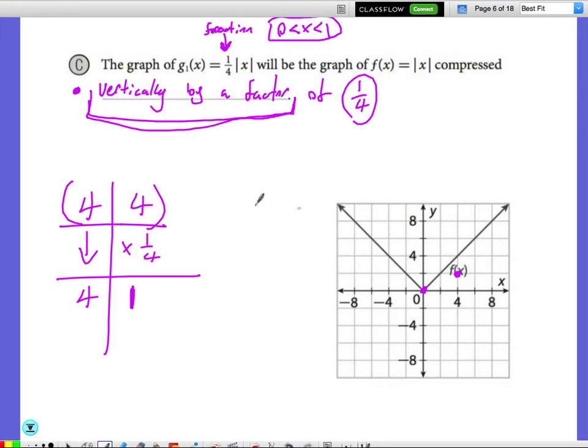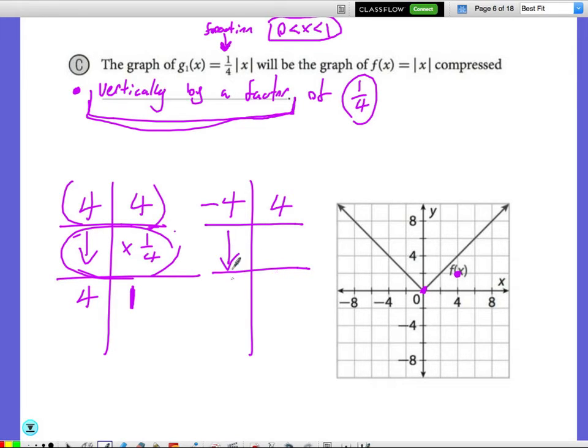And to find the other point, we can again take another point from our graph. This time let's take -4, 4. You can pick any point from the parent function, and we're going to use this exact same calculation here. So we didn't have anything on the x coordinate to multiply by, so we have -4 still.